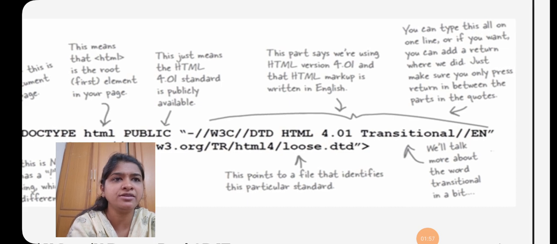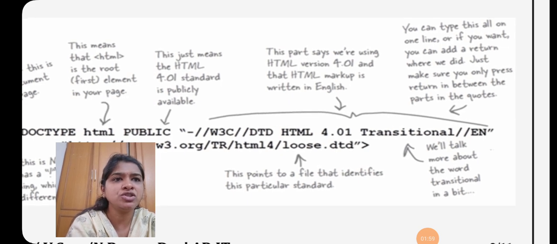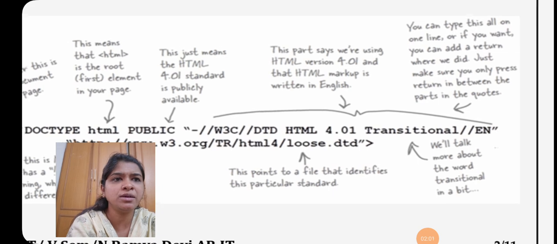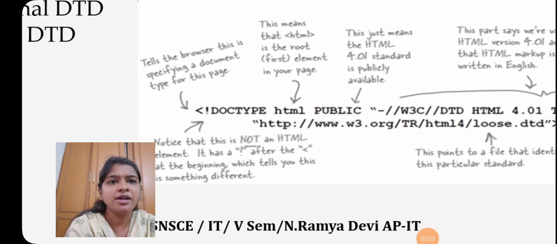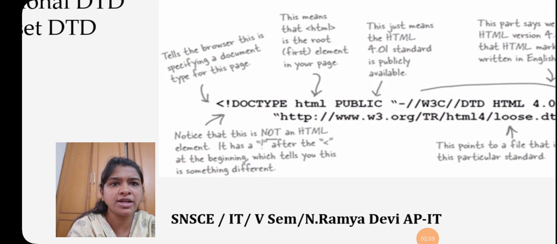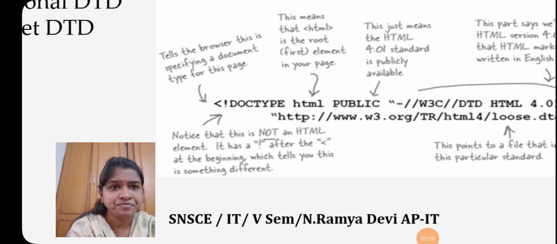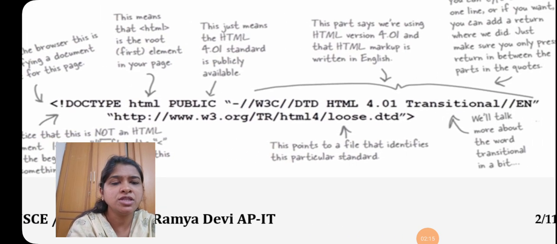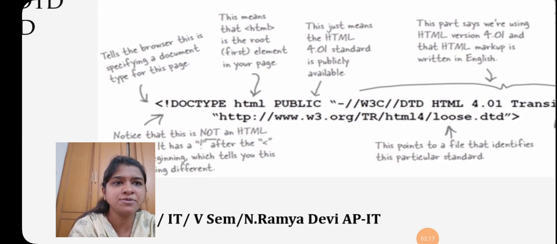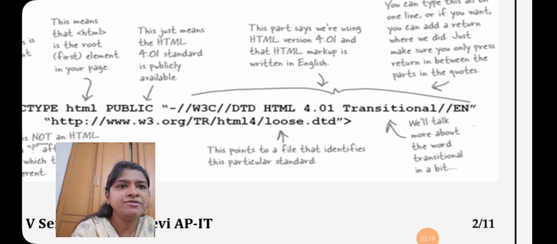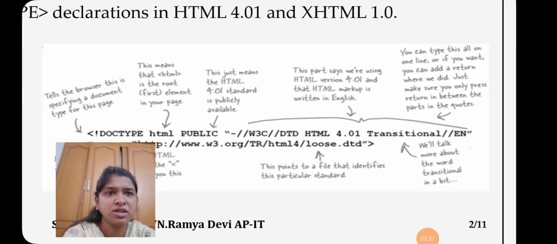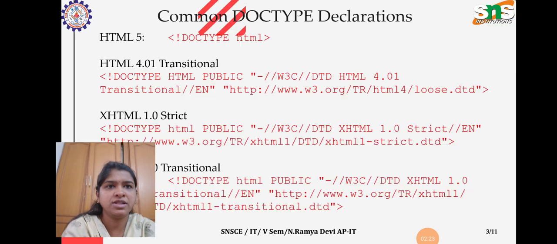You can type this on one line, or if you want you can add a carriage return where we did. Just make sure you only press return in between the parts in the quotes. Notice that this is not an HTML element: it has an exclamation mark after the less than symbol at the beginning, which tells you this is something different. This points to a file that identifies this particular standard, and we'll talk more about the transitional in the upcoming slides.